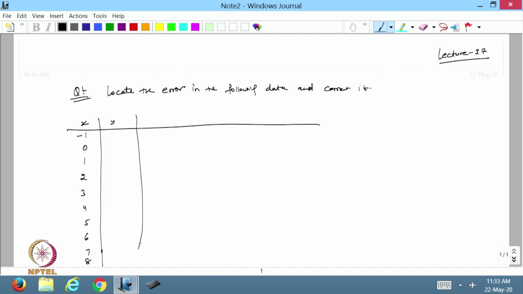This is a total of 10 values, and the y values given to me are 7, 5, 3, 7, 25, 57, 115, 203, 327 and 493.